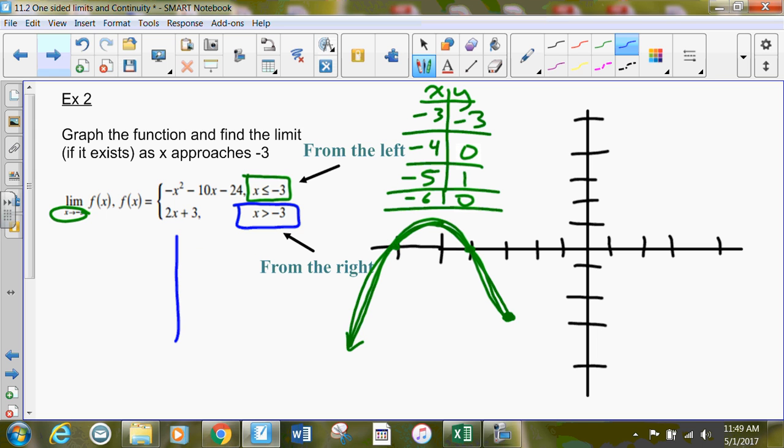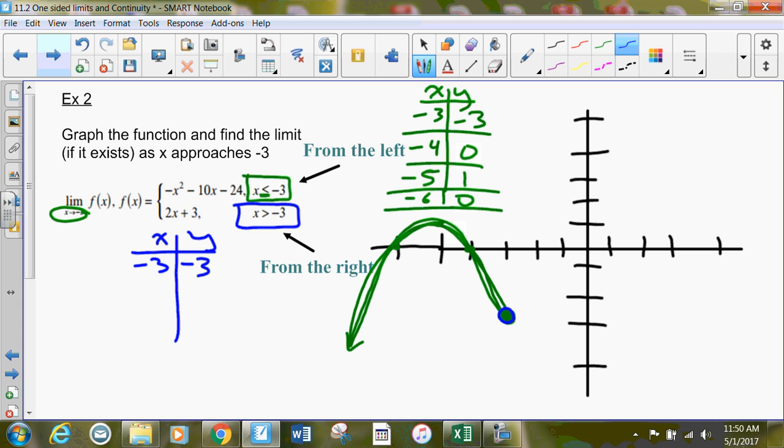Notice that we put a solid circle because this is a solid line right there. All right, coming from the right, we're going to go ahead and plug in -3, and we get that that's also a -3, which is good. That's what we're looking for. Some people wanted to put an open circle here, and you could.